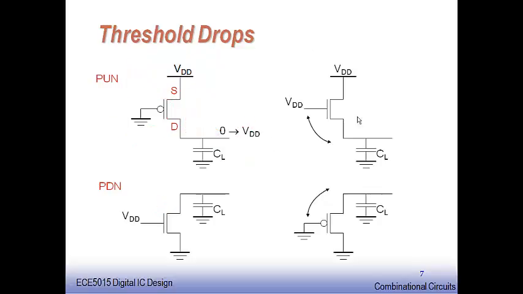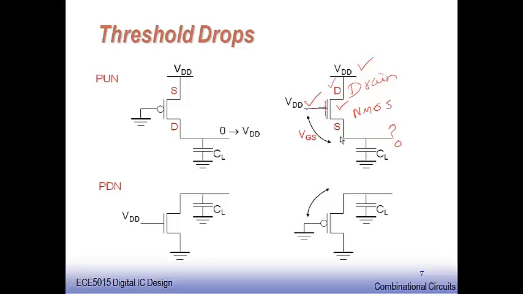Now let me assume I put an NMOS device in the pull-up network, with VDD applied at the gate to get this device on, and the supply also applied. This happens to be the drain end and this the source end, and the question is to what voltage level CL can charge. VDD is applied at the drain, and VDD is applied at the gate.